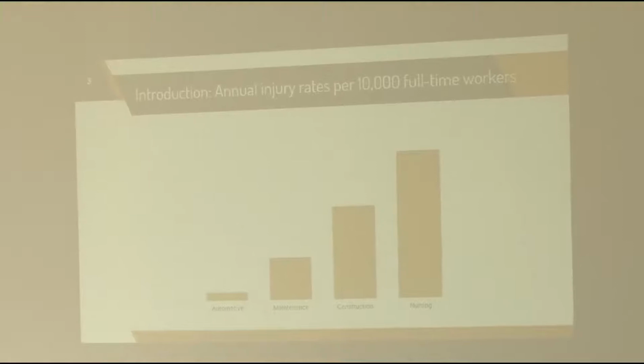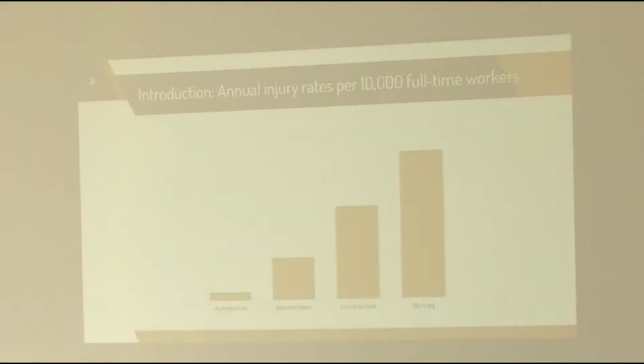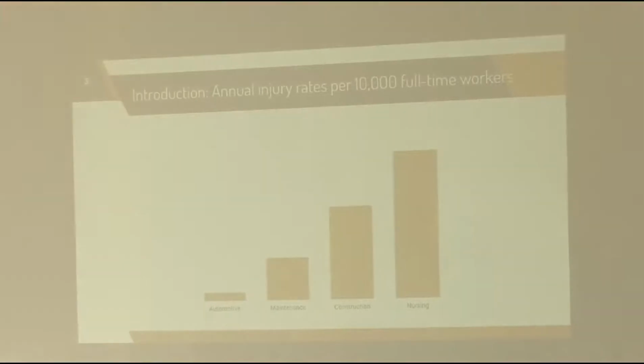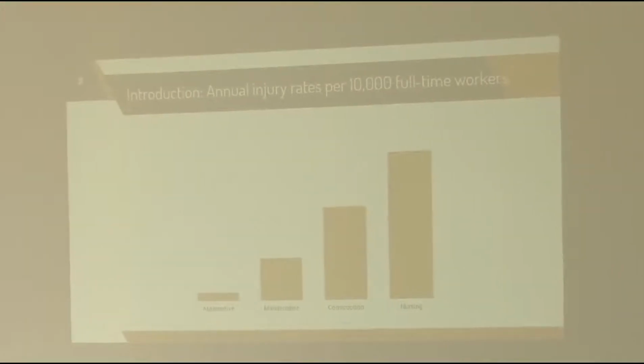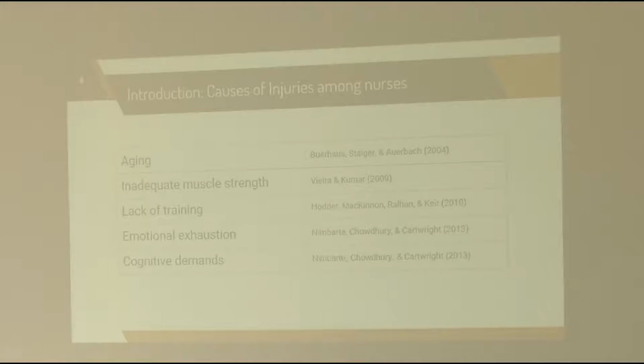Nursing, because this domain has been associated with the highest levels of risks and injuries, exceeding construction and maintenance. This high rate of injury traces back to multiple factors, such as the aging of the nursing population and being characterized by inadequate muscle strength.